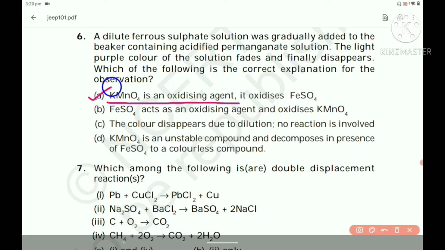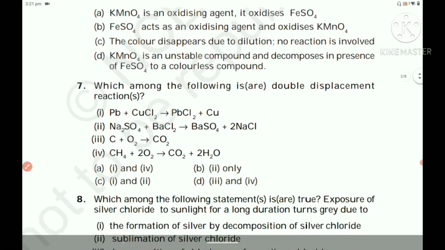So it's the first option, and this type of reaction is called titration. We'll be learning it in further classes. The color is fading away because KMnO4 is being utilized, right? The reaction is taking place, and this kind of thing is called titration.